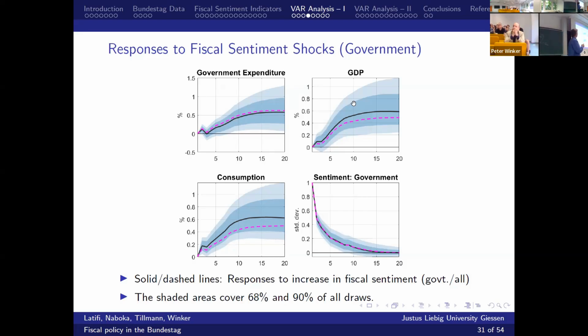And we see, as expected, a positive sentiment shock will lead to increased expenditures. At least for the government, it's natural. If the government parties become more expansionary, then they will spend more in the future. This will have a positive impact on GDP growth and also on consumption. And the shock itself seems to be not unit-root, but it has a certain persistence, though not very long.